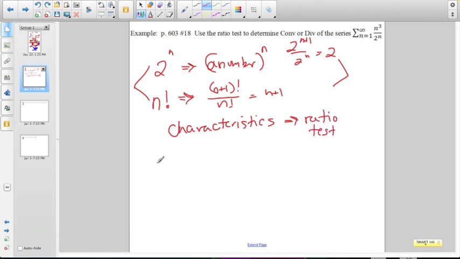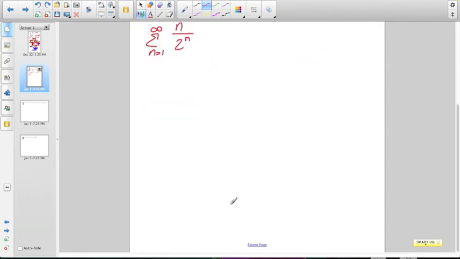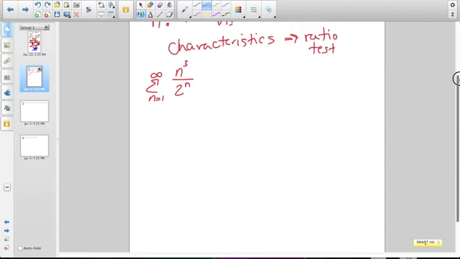So when we look at this series, n goes from 1 to infinity of n cubed over 2 to the n, we see this first characteristic here. So I'm going to go ahead and just set up the ratio test.